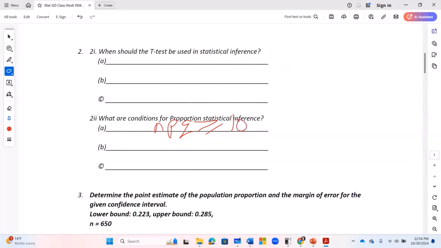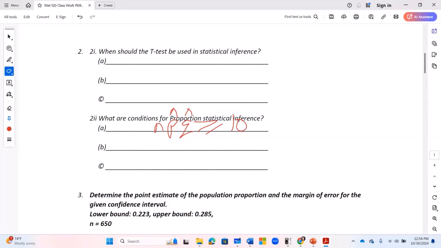What does this mean? The variance of the binomial distribution must be greater than or equal to 10. You can actually use p hat and q hat if you don't know the population proportion, because it's not always easy to know.